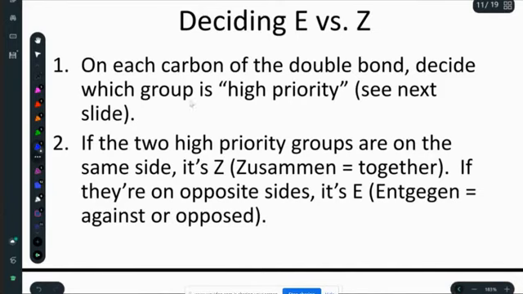We'll talk for a minute about what high priority and low priority are and how you determine that. If the two high priority groups are on the same side, then it's Z. If the high priority groups are on opposite sides, then it's E.